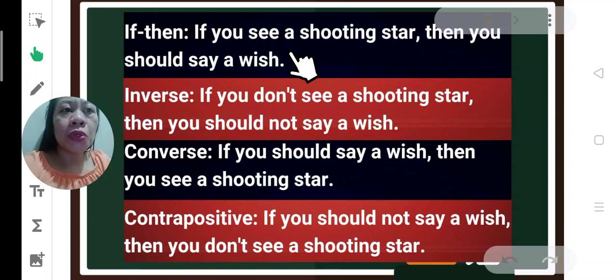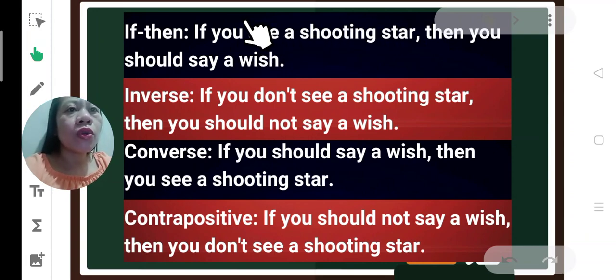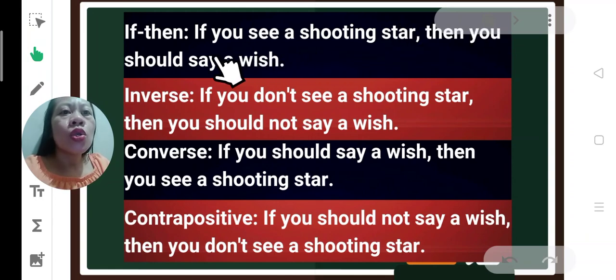When we see a shooting star, we should say a wish, because it says that if we say a wish, it will become true. So, if you see a shooting star is our hypothesis. Then, you should say a wish is our conclusion.